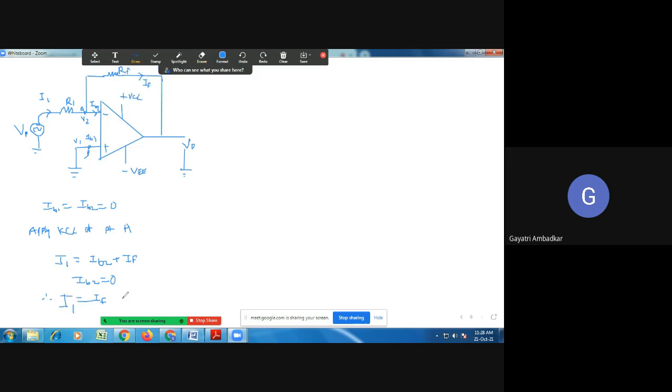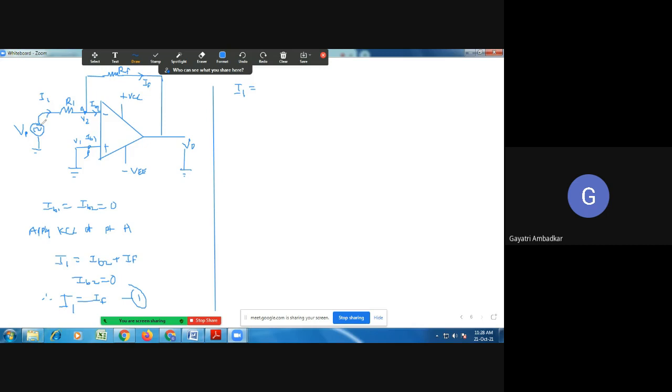Okay, let's call this equation 1. Then what to do? Find I1 and IF. What is I1? Voltage at this point, you can call it VA.